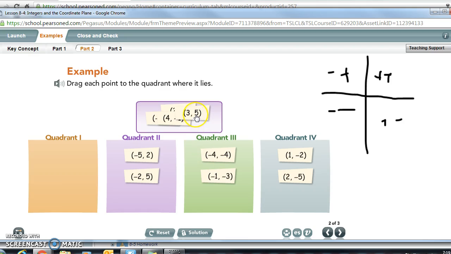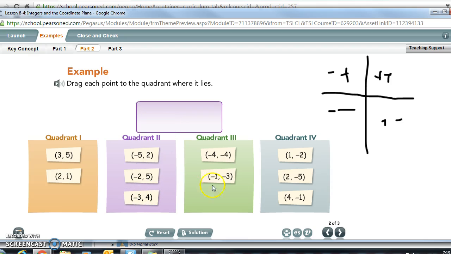Positive, positive, quadrant 1. Positive, negative, quadrant 4. Positive, positive goes in quadrant 1. And a negative, positive will go in quadrant number 2. Go ahead and copy these down. If you have questions, go ahead and put a star up here and come talk to me tomorrow.